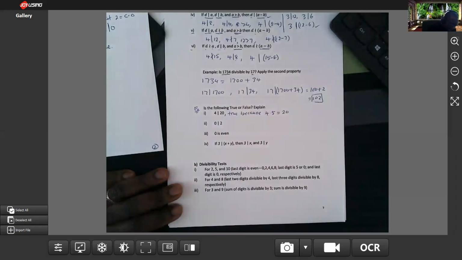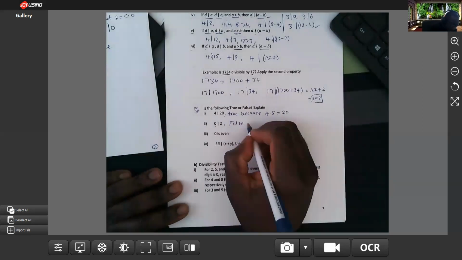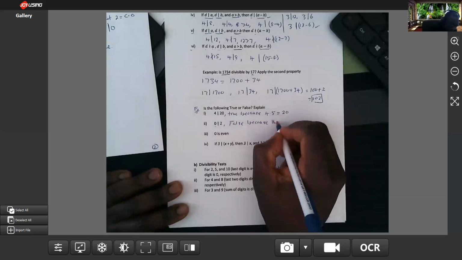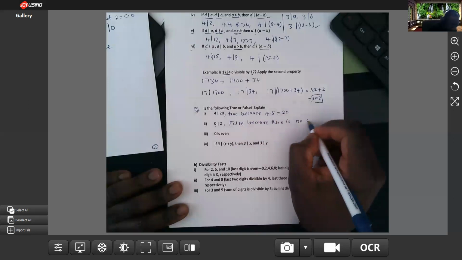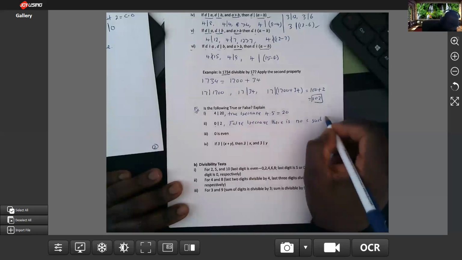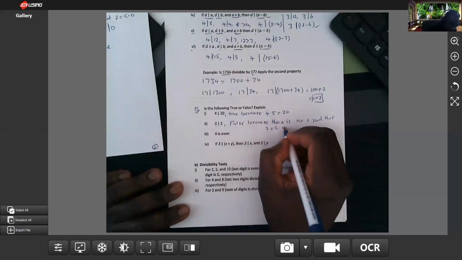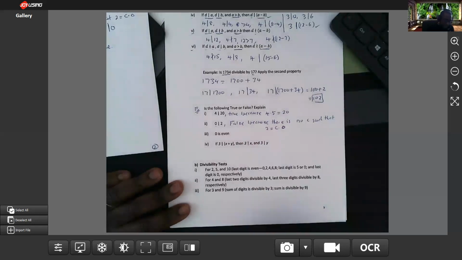What about, does 0 divide 2? Of course, this is false. Why? Because there is no C such that 2 is equal to C times 0, or 0 times C. So there's nothing like that.